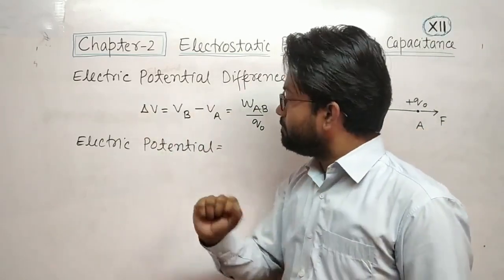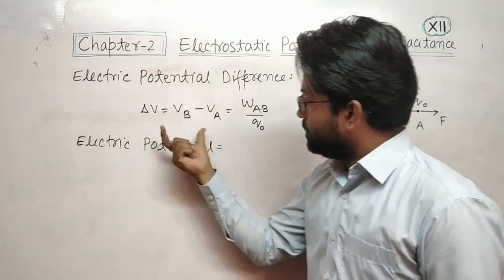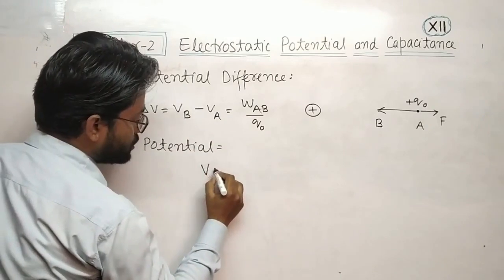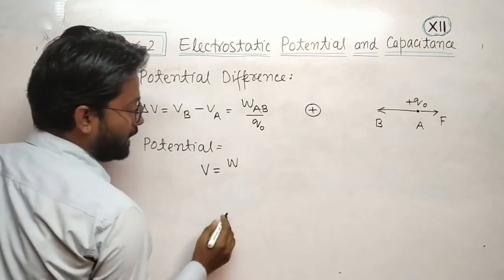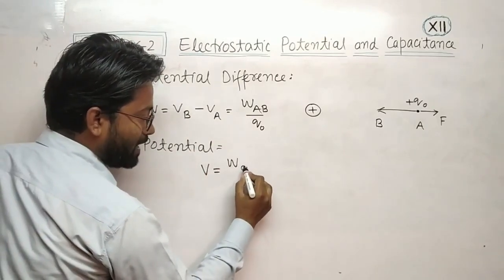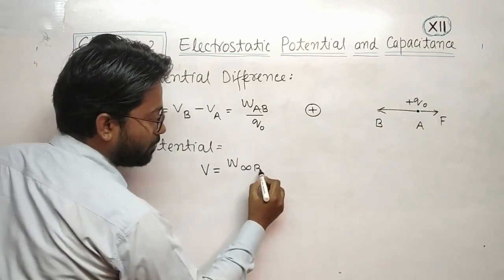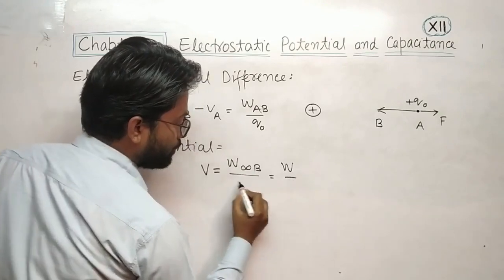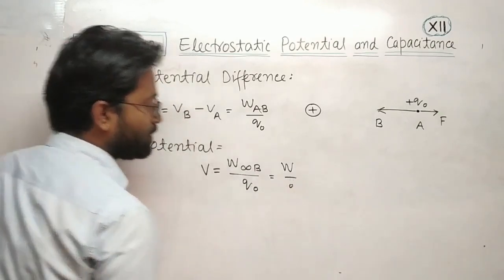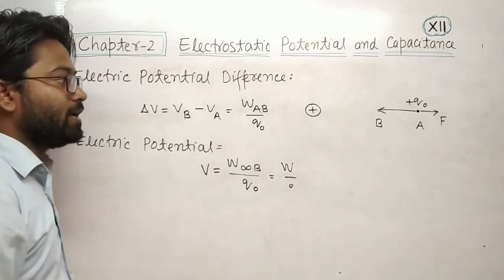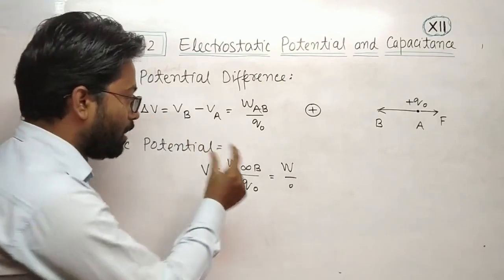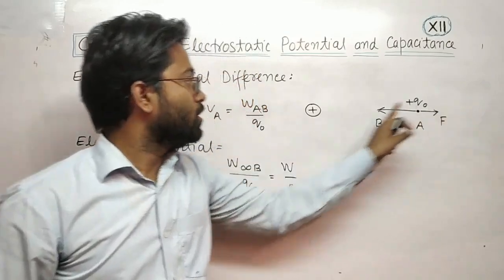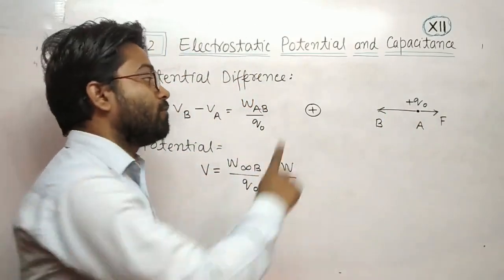It is the same definition, but electric potential V is equal to W from infinity to a particular point, or simply W upon Q naught. Means electric potential is the amount of work done from infinity to a particular point, per unit test charge.